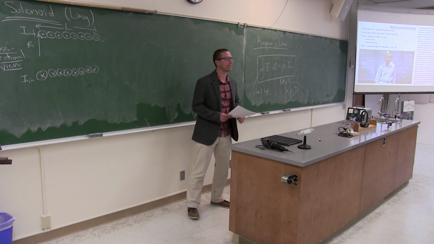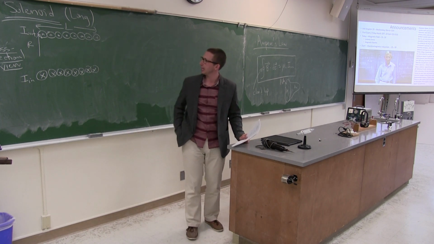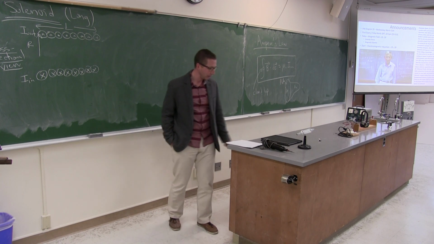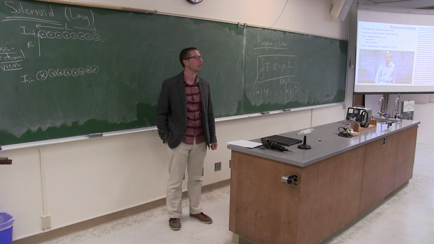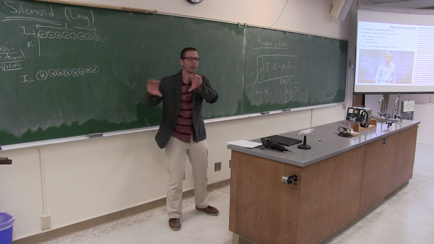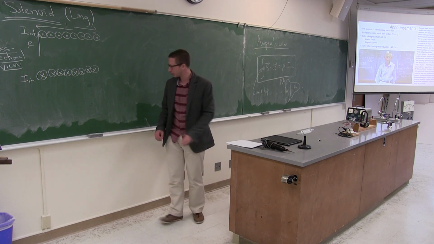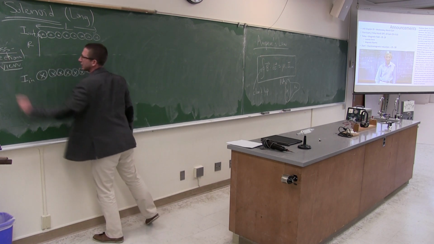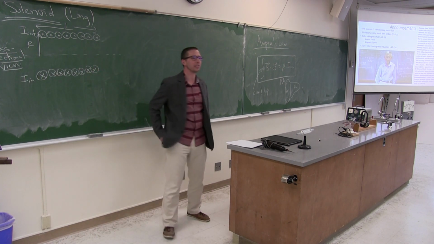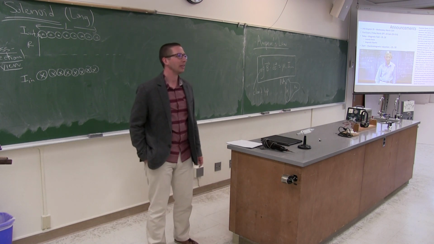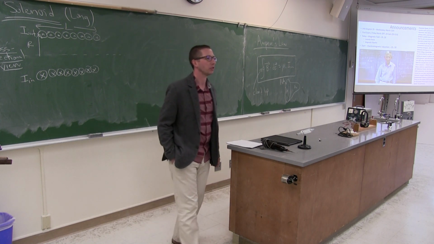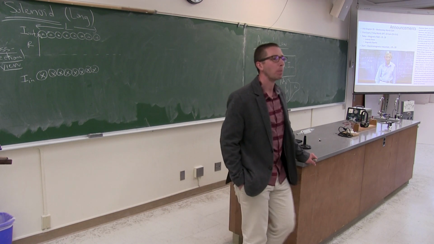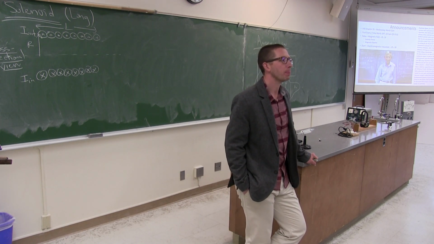Okay, so what types of symmetries does this solenoid actually have? I mentioned one already, translation symmetry. You can translate it along its central axis. Any other symmetries that it has? Yes?